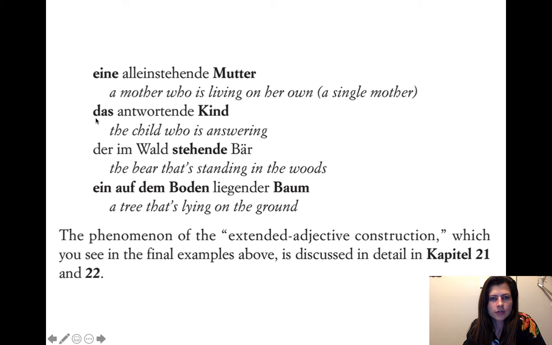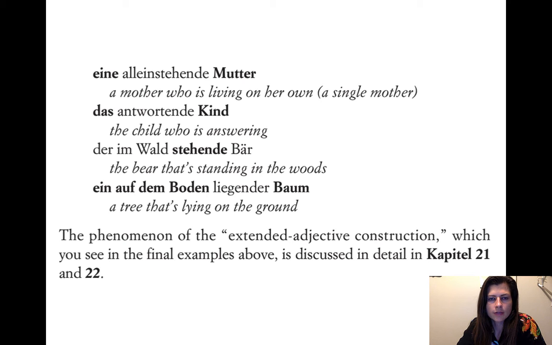And then das antwortende Kind. So this one, antworten is to answer, and then the d for the equivalent of the ing, present participle, and then the adjective ending. So you could say the answering child, and that's fine, but we might not say it that way in English. It may be a little weird.